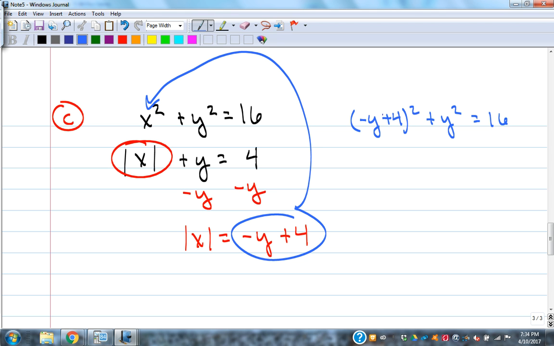Now, when I square negative y plus 4, I'm going to get y squared minus 8y plus 16 plus y squared is equal to 16.